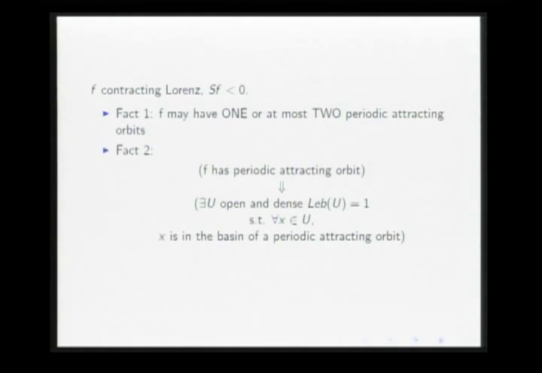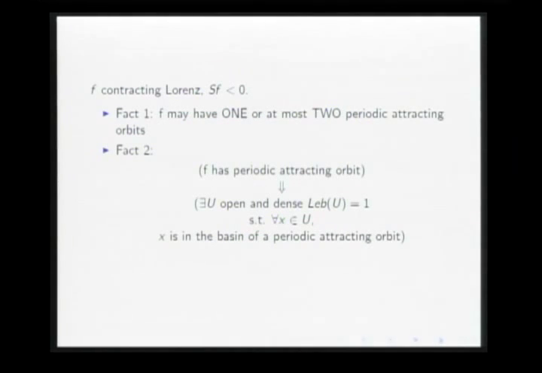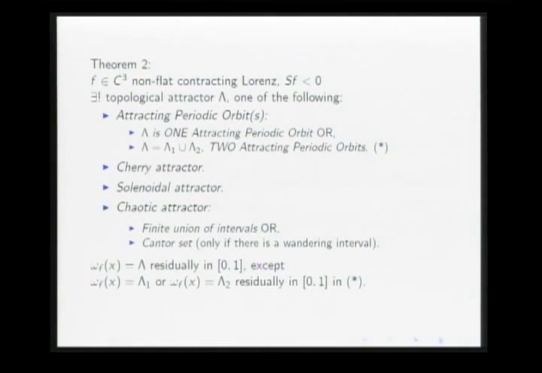And the second fact is the following. If you have one periodic attractor, you can prove that if this does not attract everything, then there should be another periodic attractor that will attract the rest of your set, of your interval. Okay? So if you have one periodic attractor, then you have to have another periodic attractor or nothing else. So this is in the negative Schwarzian context, and so we can state this like here.